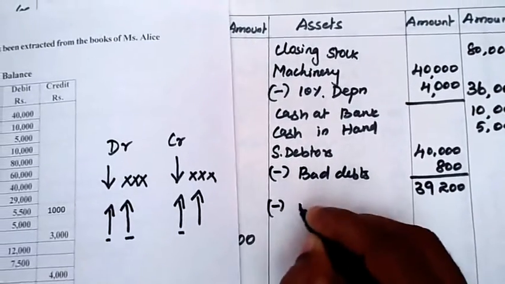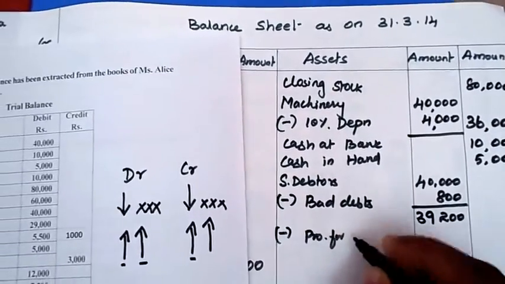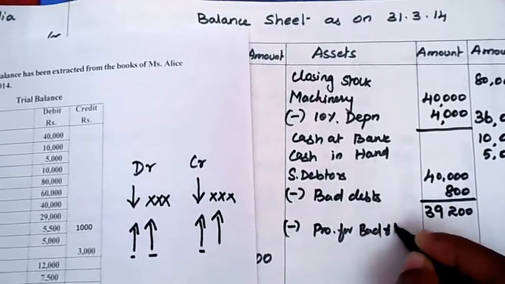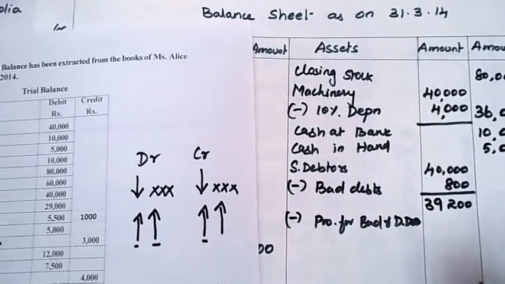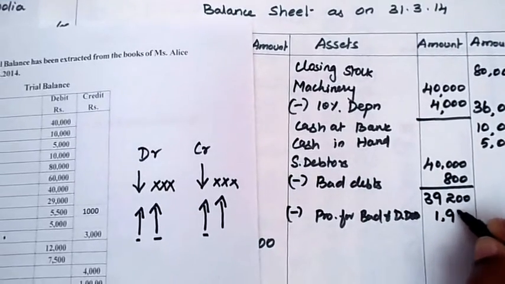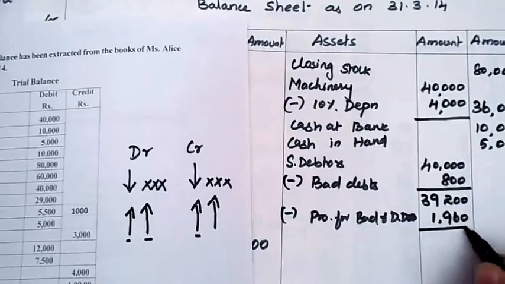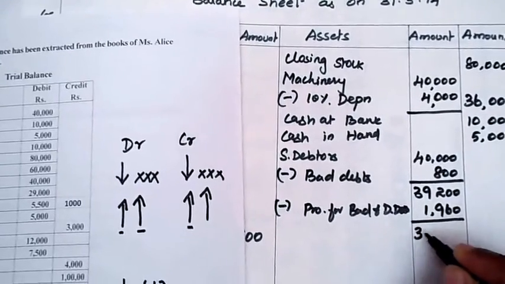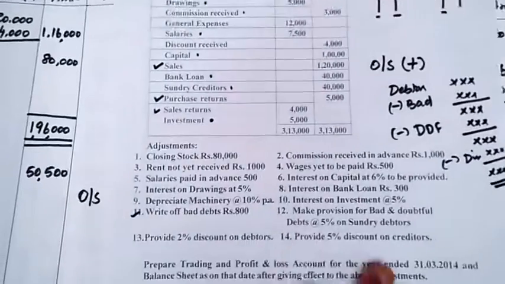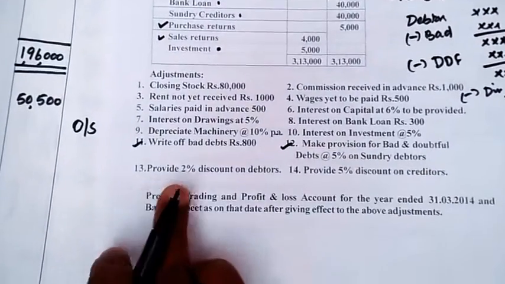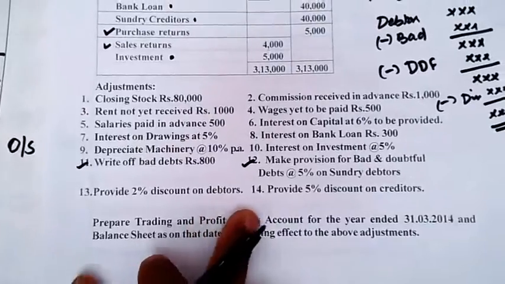So less provision for bad and doubtful debts. How much? 5% on this, 1,960. Balance 37,240.